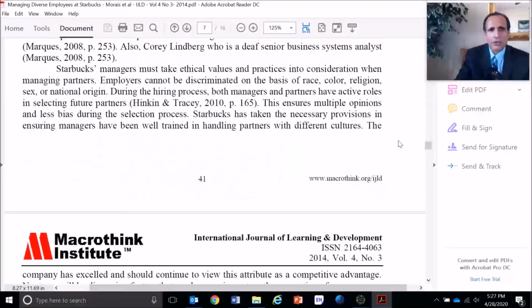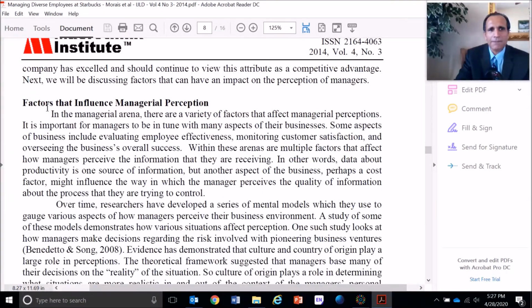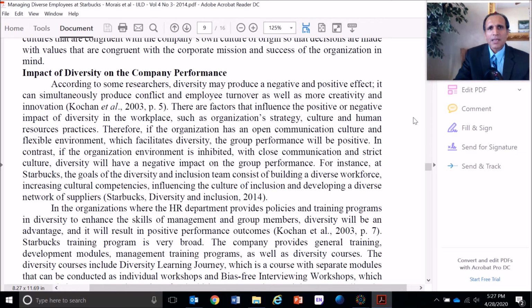So you continue to read the article, and then factors that influence managerial perception is discussed. So under this heading, you should be able to see more relevancy about how managers' perceptions are influenced regarding diversity and inclusion. Finally, we come under the heading of impact of diversity on the company performance.